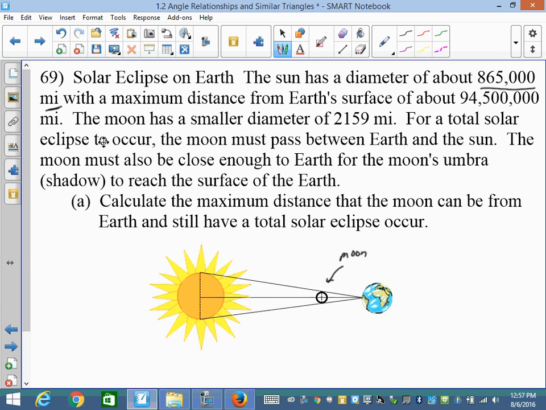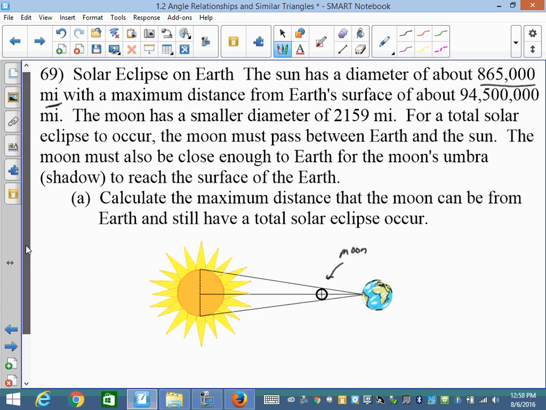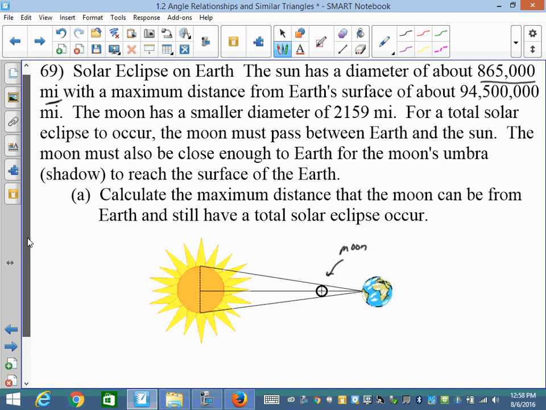For a total solar eclipse to occur, the moon must pass between Earth and the sun. The moon must also be close enough to Earth for the moon's umbra, or shadow, to reach the surface of the Earth. Calculate the maximum distance that the moon can be from the Earth and still have a total solar eclipse occur. So a lot of information going on here.